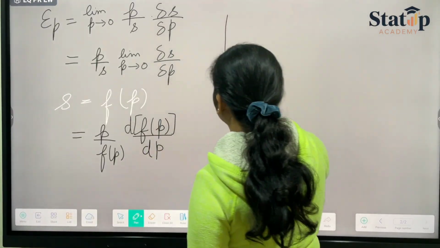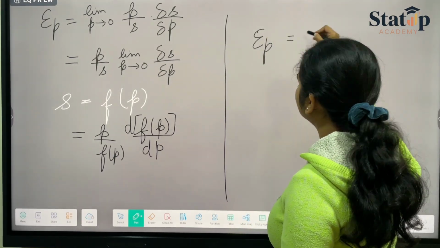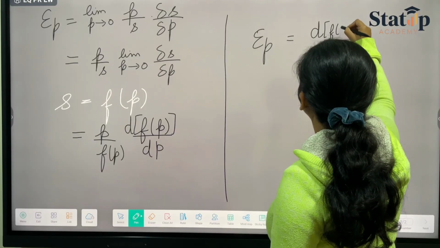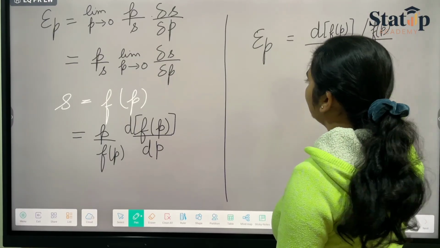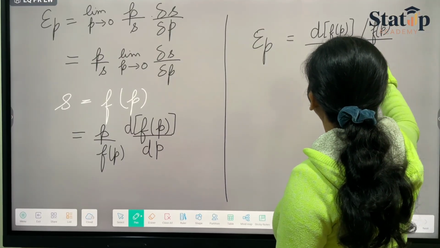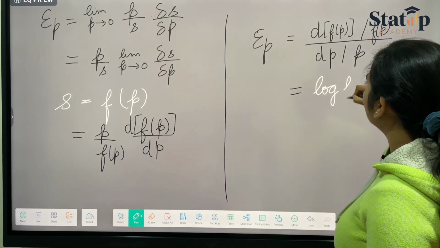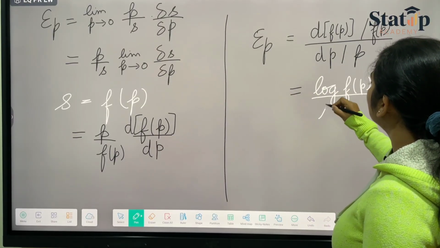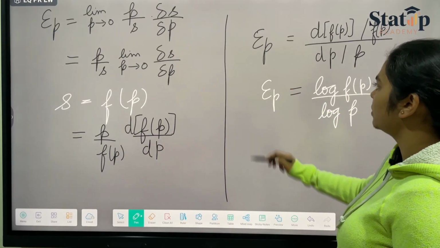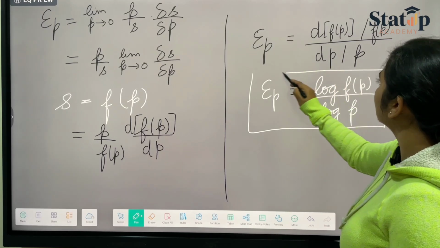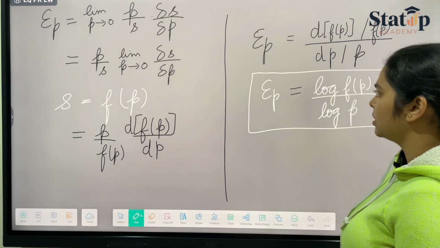So we can write our epsilon p as d f(p) upon f(p) divided by dp upon p, and hence we can write it as log of f(p) upon log of p, epsilon p. Okay, this can be written like this.